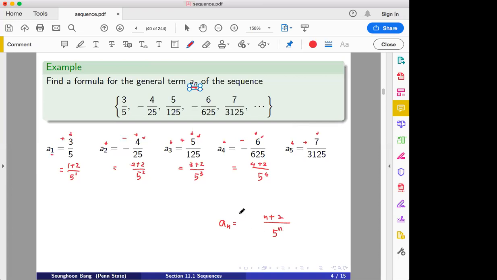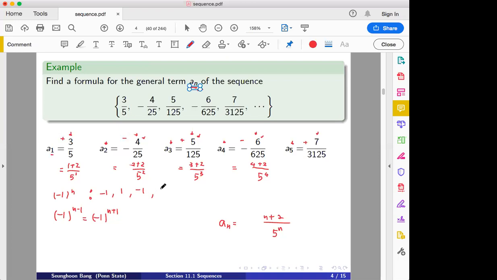For the alternating sign, we have two possibilities: minus 1 to the power n minus 1, or minus 1 to the power n plus 1, which is the same. Plugging in n equal to 1, minus 1 to the 1 is negative 1. Plugging in 2, minus 1 squared is 1. Minus 1 to the 3 is minus 1.